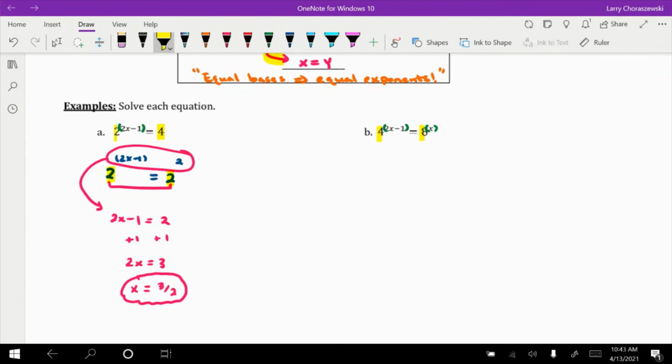Because they're different numbers, we can't just set the exponents equal to each other. We can only do that once the bases are the same number. Yep, thanks, Avita. You can rewrite both of the bases using the same number. Specifically, you can use a base 2 to rewrite 4 and 8.